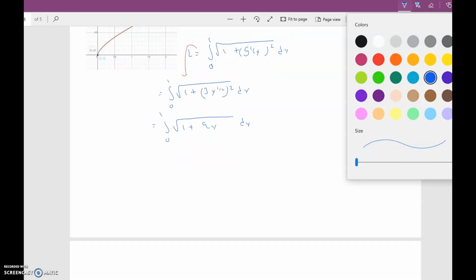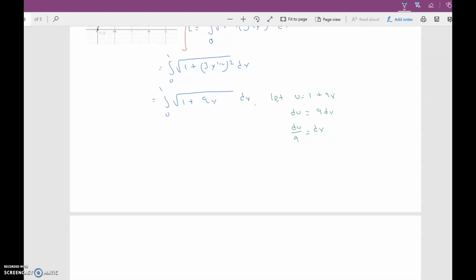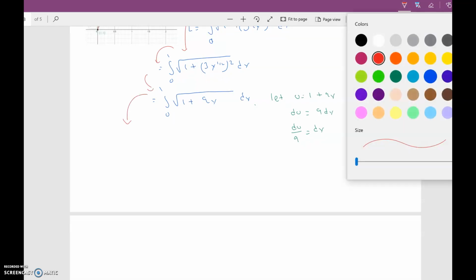So it turns out to be another simple u substitution. Let u equal 1 plus 9y, so du is equal to 9 dy, or du over 9 is equal to dy.